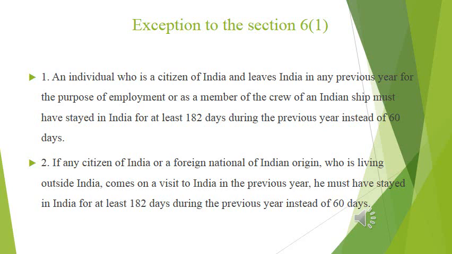We have already discussed that people should be in India at least 60 days in the previous year. That is enough for determining the residential status. But in these two situations, a person should be in India at least 182 days instead of these 60 days. Clear?